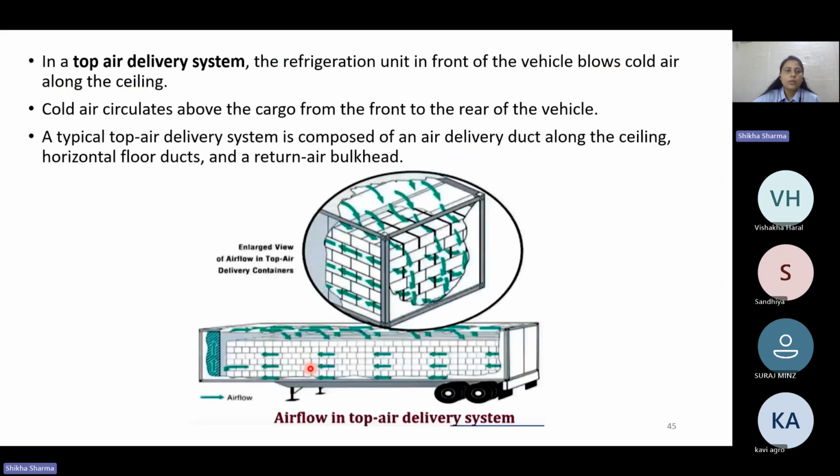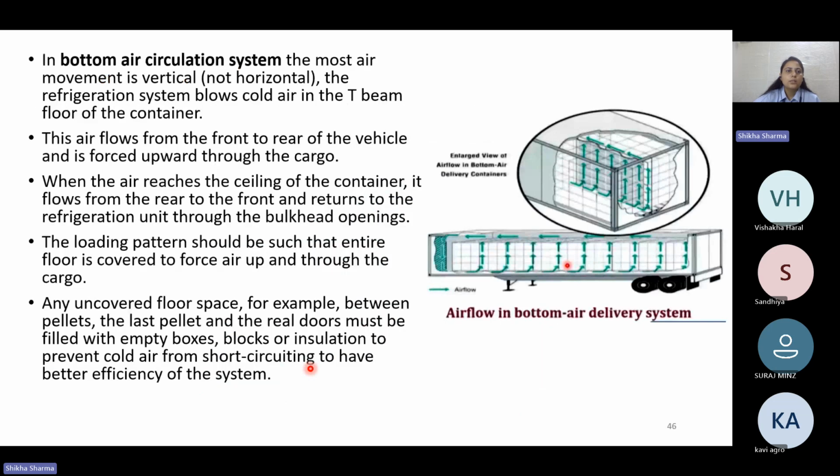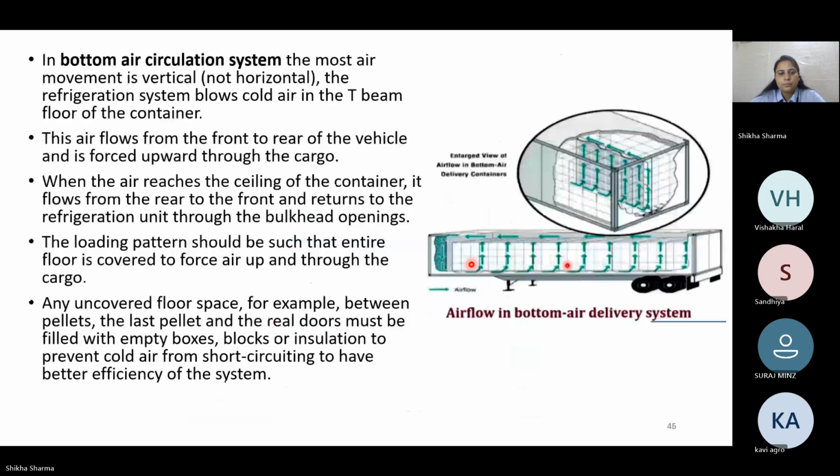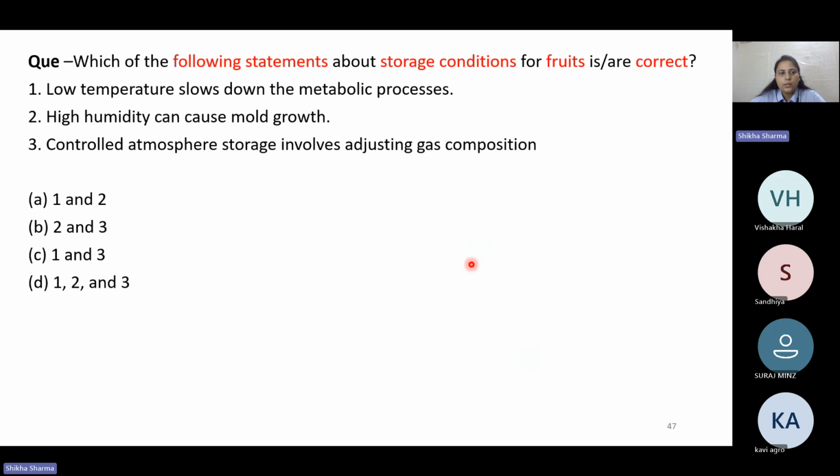So this is the bottom air circulation system. Options 1, 2 and 3 are correct and the fourth is incorrect because it says air movement in the bottom air delivery system is horizontal, while it is vertical. Is this question clear? Can we move to the next question?